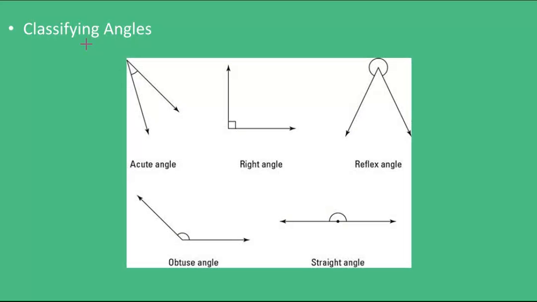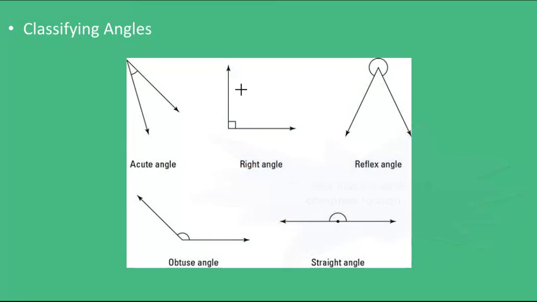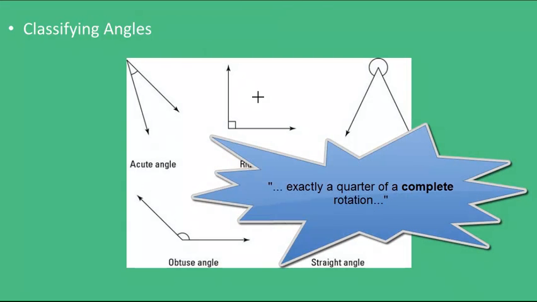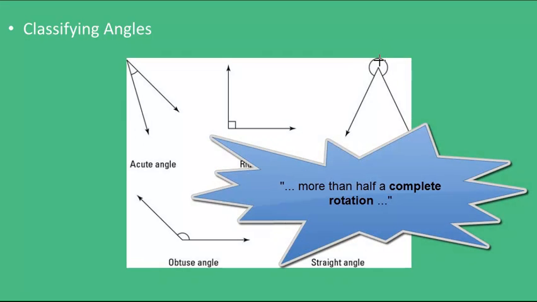Before we leave this video, let's just look at some classifications. If an angle is less than 90 degrees, in other words, represents less than a quarter of a rotation, it's said to be an acute angle. If the angle represents exactly a quarter of a rotation, it's said to be 90 degrees. If we're referring to an angle that's more than 180 degrees, in other words, more than half a rotation, that angle is said to be a reflex angle.